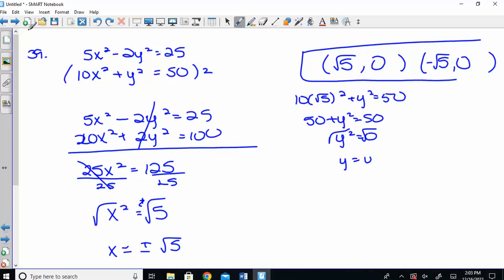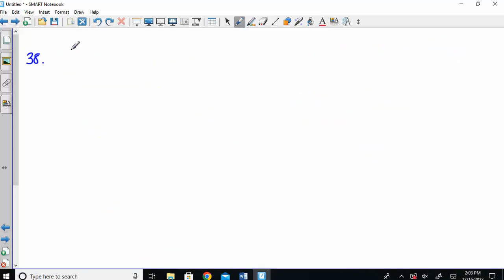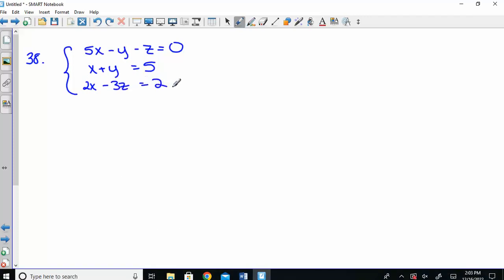All right. Let's look at this one. It's a little bit different because only the first equation has all of our variables. So, what do you want to get rid of? Y or Z? Z. Okay. So, if I wanted to get rid of my Z, let's take these two equations because they're the only two that have a Z. What would I have to do?